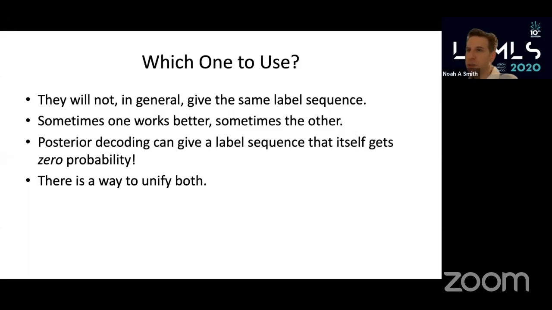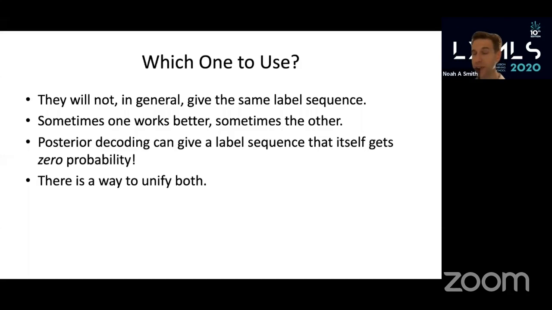Posterior decoding can actually do some weird things, like it might give you a label sequence that itself does not have positive probability, because it uses, for example, a lot of evidence on the left to label the word at position i and a lot of evidence on the right to label the word at position i+1, but those two labels can't transition to each other because they have zero probability in the HMM.